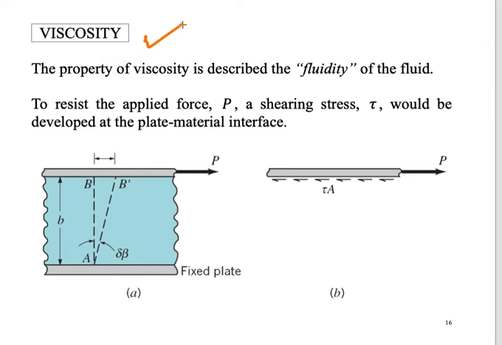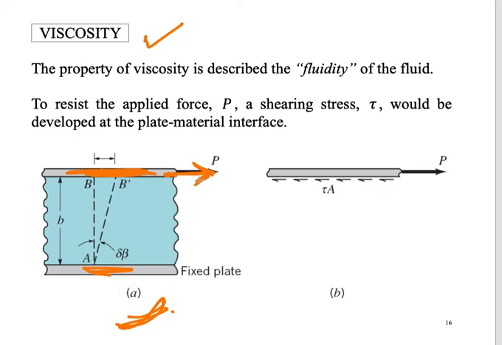Let's say we have a situation like this. We have a fixed plate at the bottom and a moving plate at the top. We need to apply a certain force to move this plate from left to right.